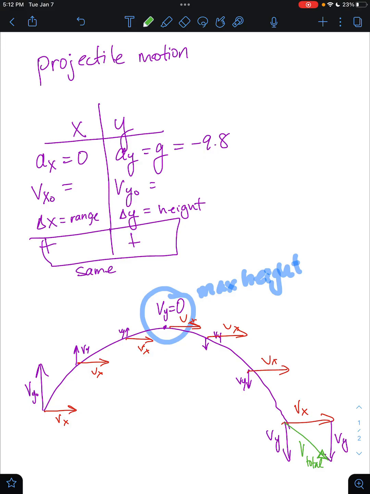So what are the tricks to solving a projectile motion problem? Well, if we are going to be launched at an angle, like the one that I just drew here, one of the tricks is that the delta y is equal to 0 when you start and end at the same height.